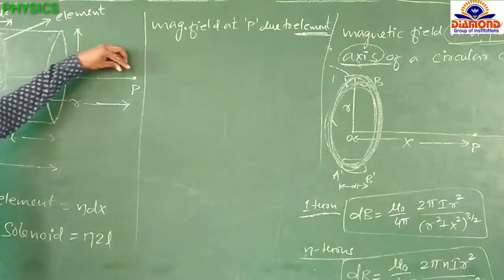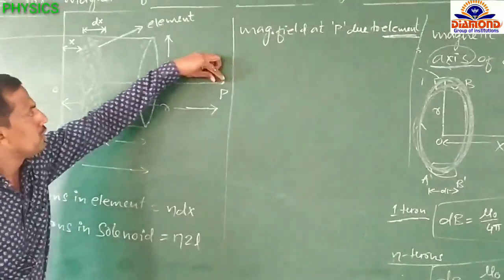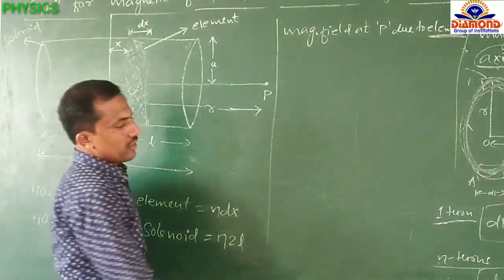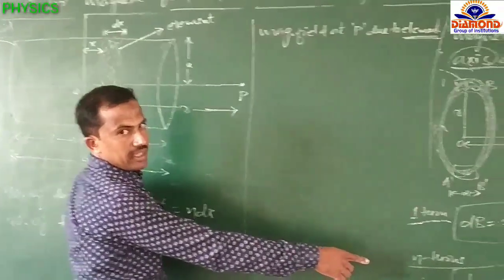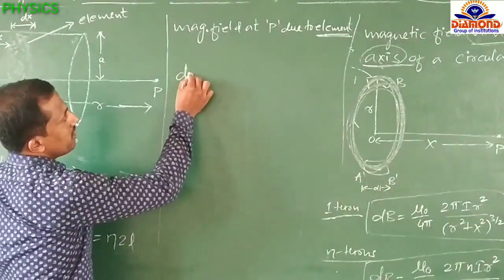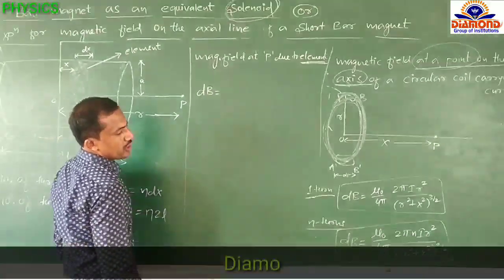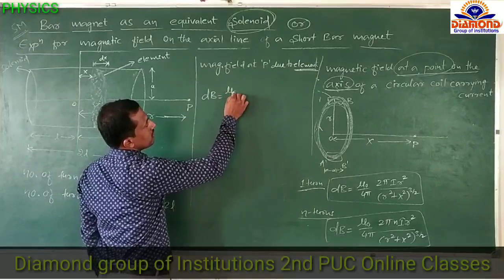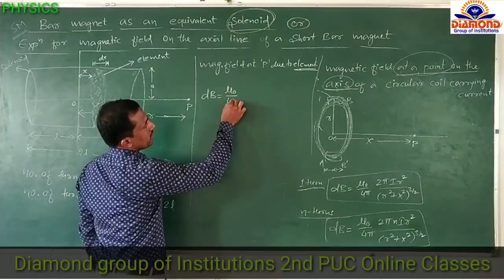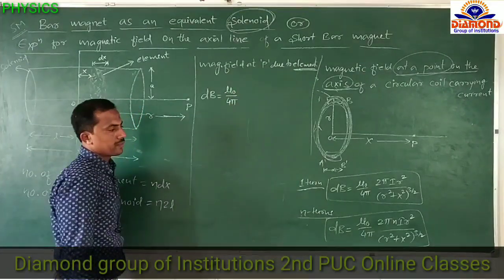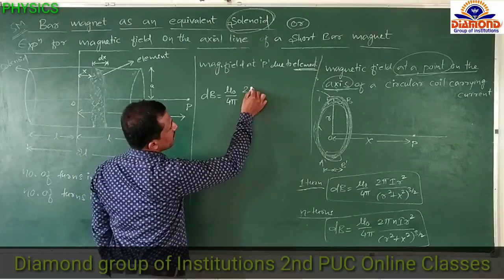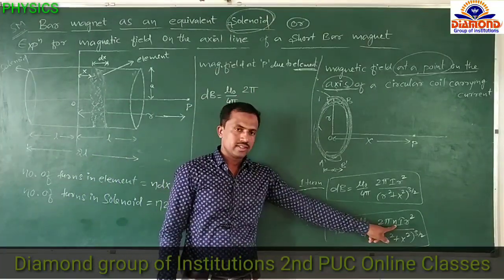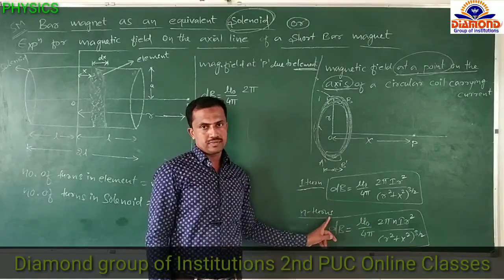What is the magnetic field at point P due to the element? dB equals mu naught by 4 pi, which is the constant of proportionality, times 2 pi, times n, the number of turns.